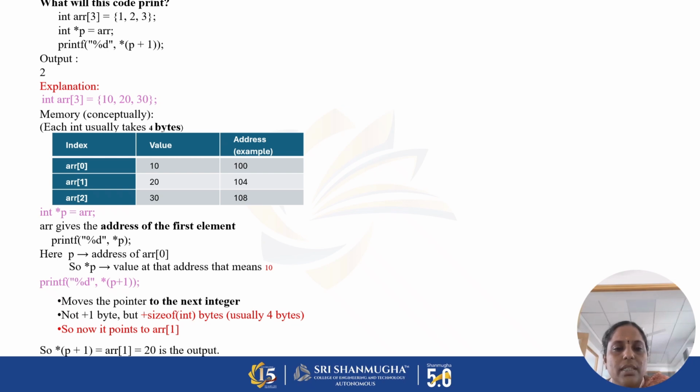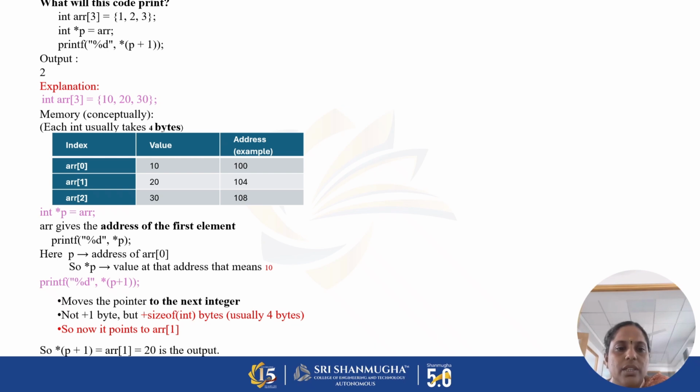Usually the address is displayed in hexadecimal; 100, 104 and 108 are for our understanding. int *pointer = array. The array name is the address of the first element, so we need to give only that address to the pointer, not all the indexes. printf("%d", *pointer) gives the value of the first index, which is 10.